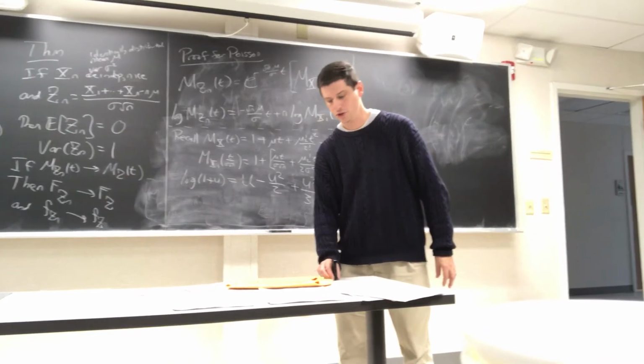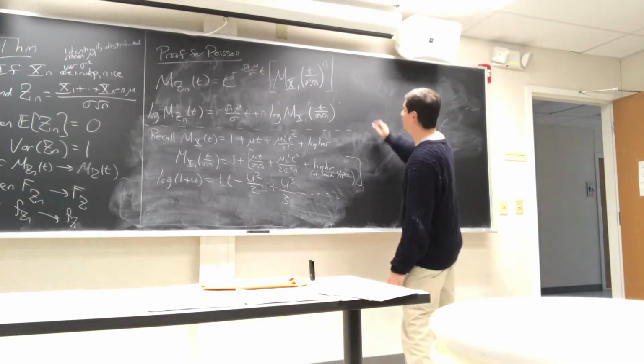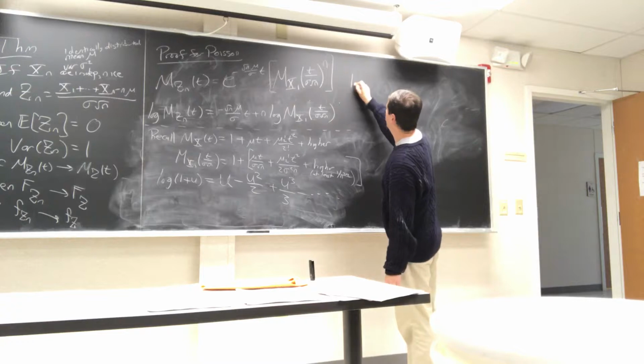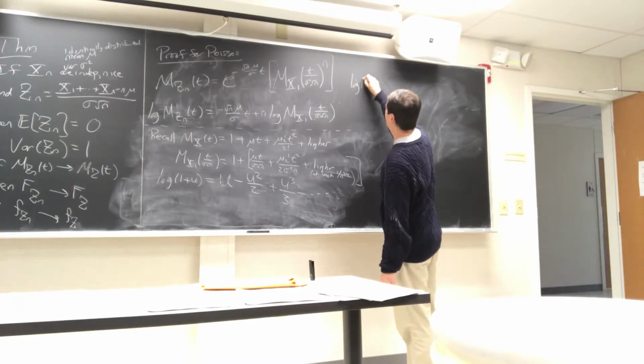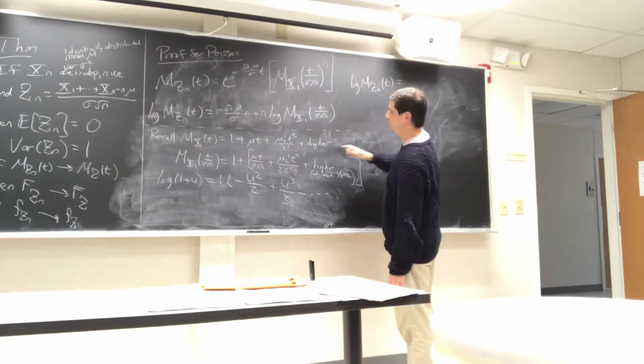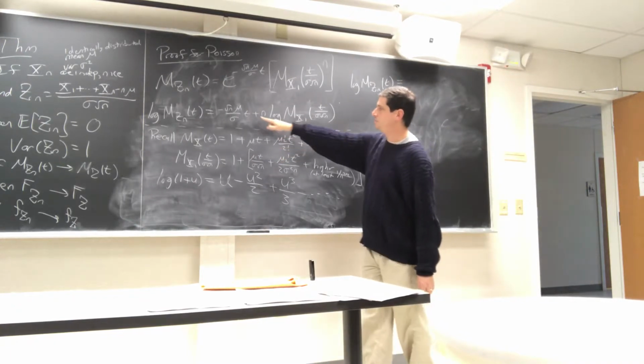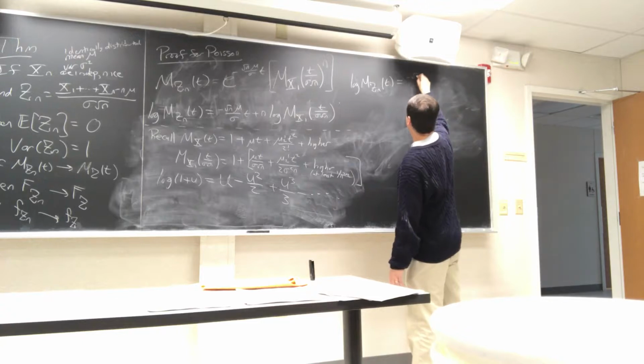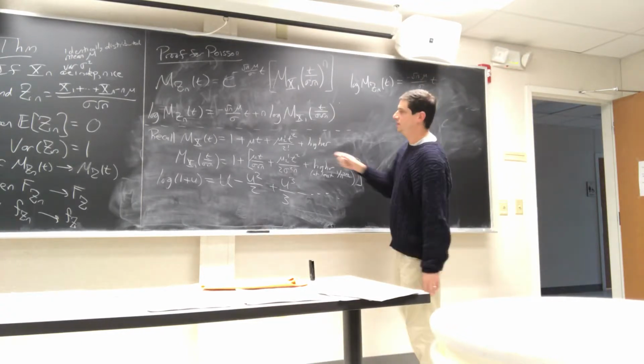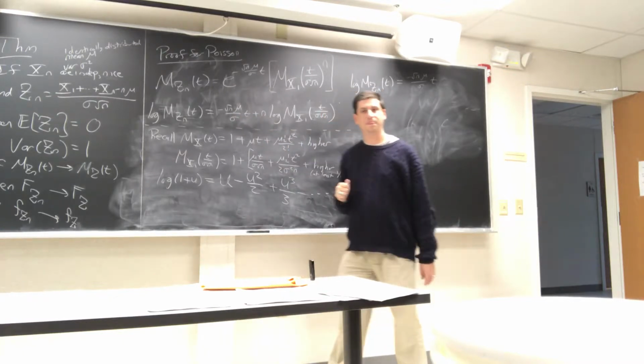All right. So now, if we look at what's going on, the log of the moment generating function of Zn at t is equal to the following. So the first is this piece over here, minus square root of n mu over sigma t. That's coming from this part over here.